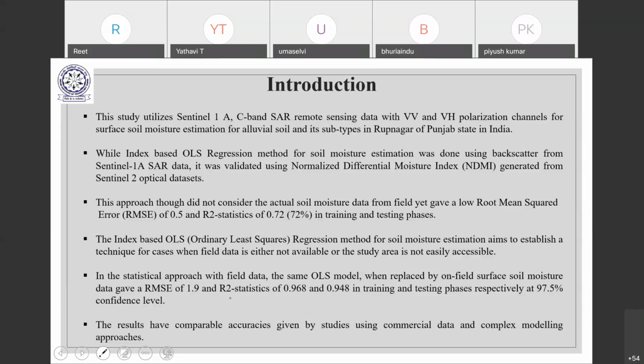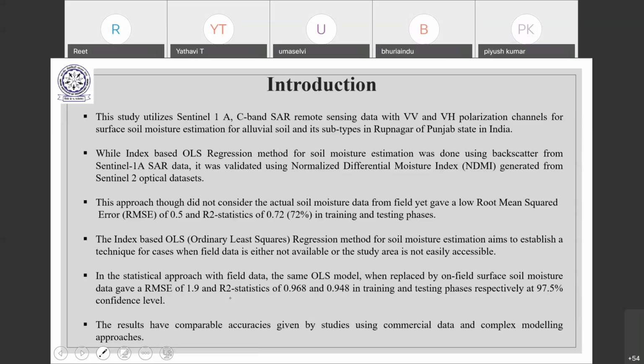So this approach, though did not consider the actual soil moisture data from the field, yet gave a low root mean square error. We are talking about an unsupervised approach. There we used the ordinary least square regression and the backscatter from the SAR data only.